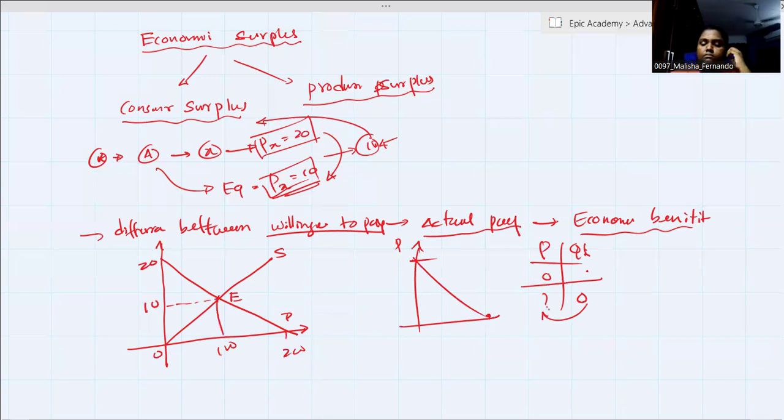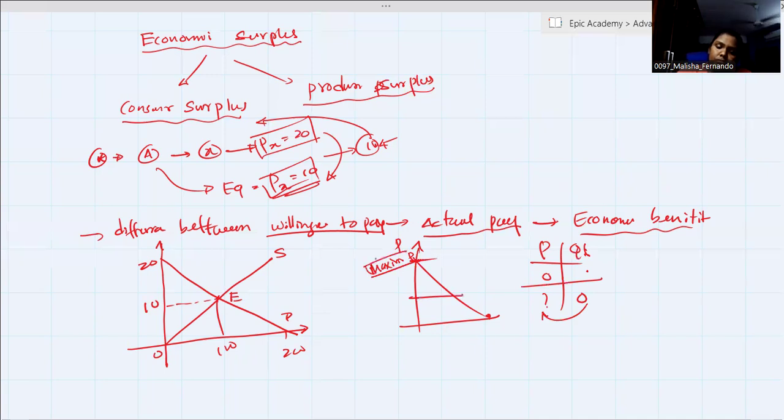Those are calculations we already did. So carefully identify: the point where the demand curve crosses the price axis, we call the maximum price. This is the maximum price the consumer is willing to spend on that commodity. That is why we call it the maximum price.